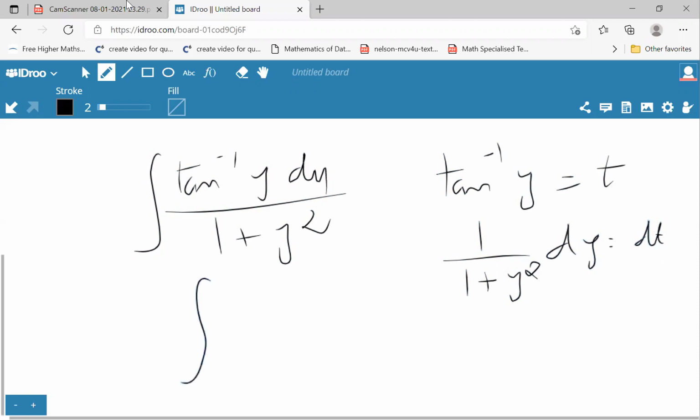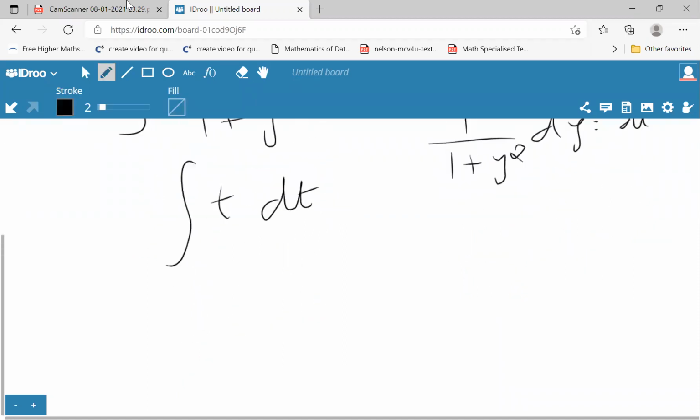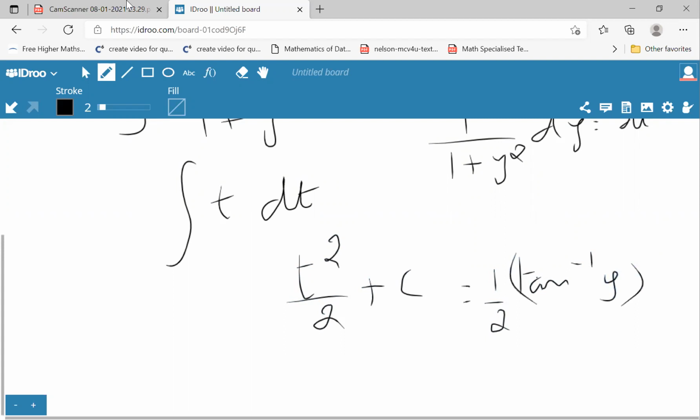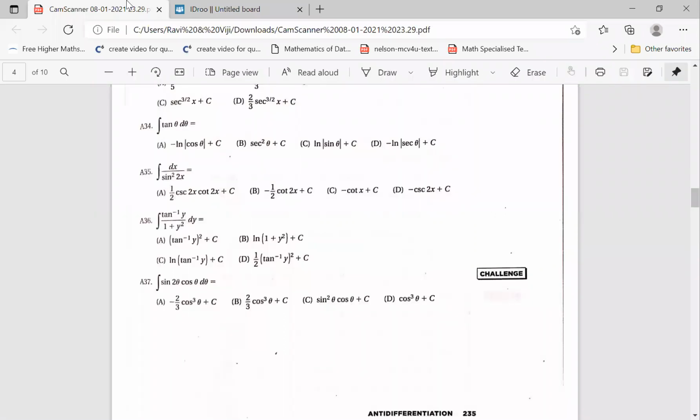So now this reduces to simply t dt, which on integration gives t squared by 2 plus c. Now substitute back for t, that will give you 1 by 2 tan inverse of y the whole squared plus c. So D option is all right.